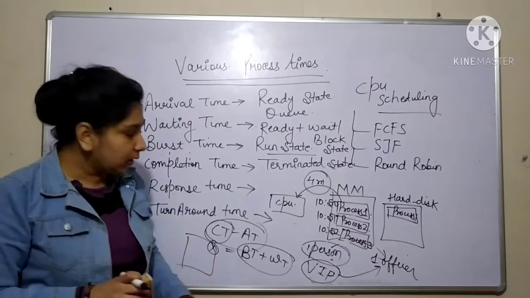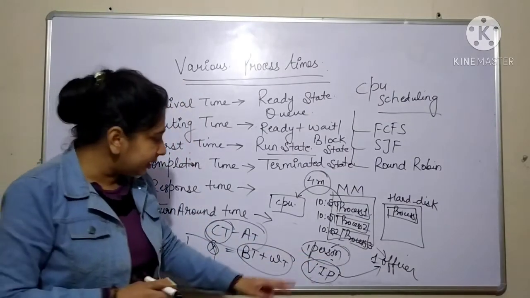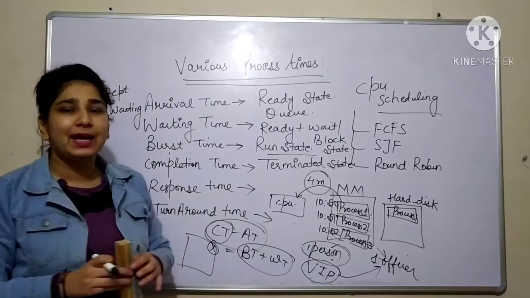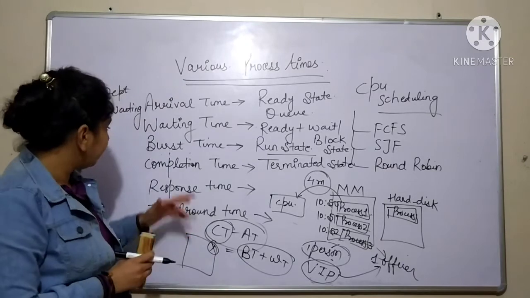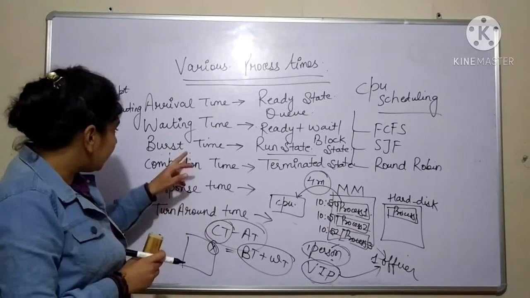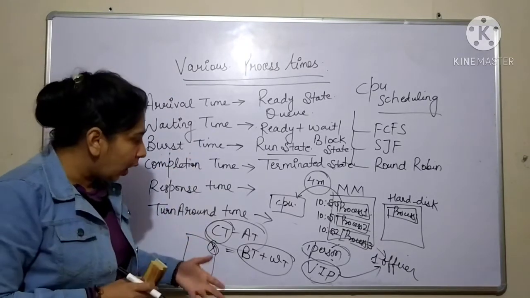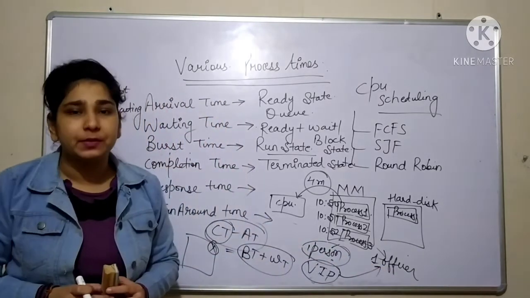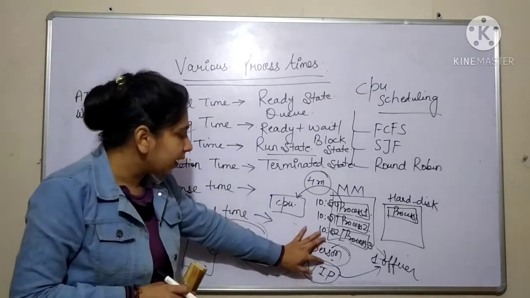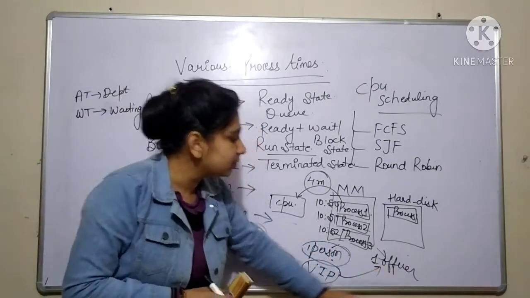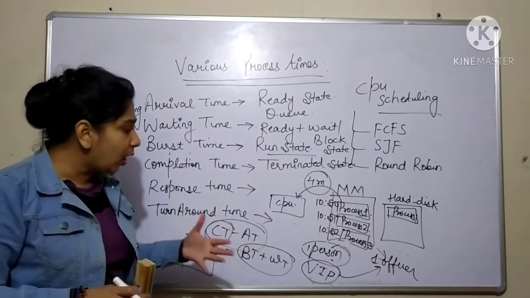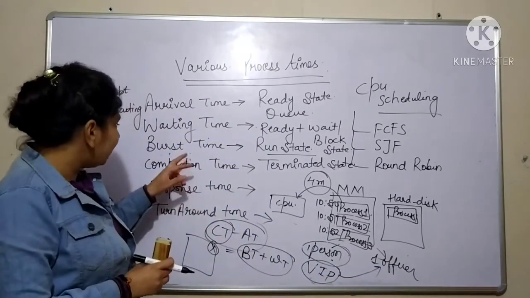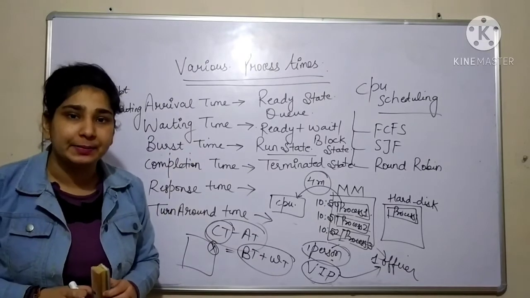How long this person is waiting to meet the officer, we call it the waiting time. Burst time means how long this person wants to talk to this officer. How long he wants to meet this officer, we call it the burst time.